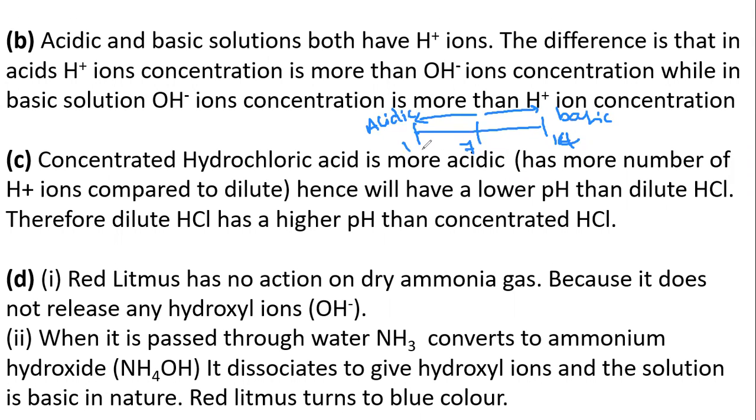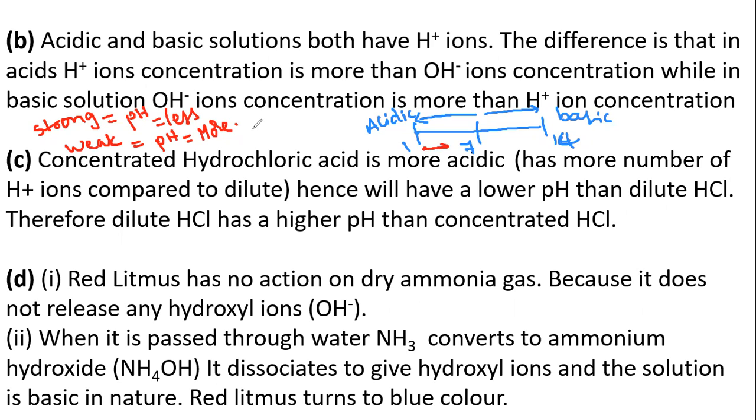Now see, if you have more acid, meaning a strong acid, the pH will be less. For a strong acid, the pH value will be less. For a weak acid, the pH value will be more. You can see that if the strength of the acid decreases, then the pH value increases.